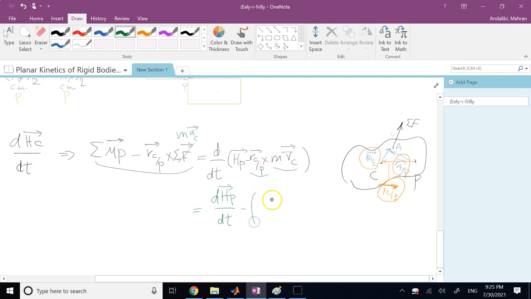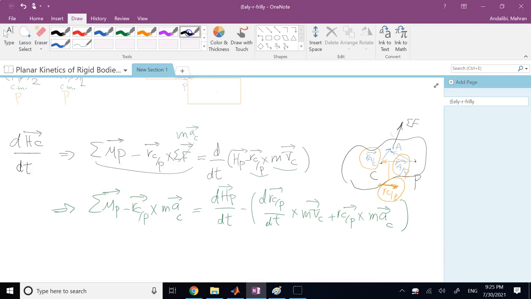So it is going to be minus d of R of C with respect to P over dt cross MVC. And then plus R of C with respect to P cross M, derivative of VC is AC. Right? So this is equal to summation of moment P minus R of C with respect to P cross MAC.